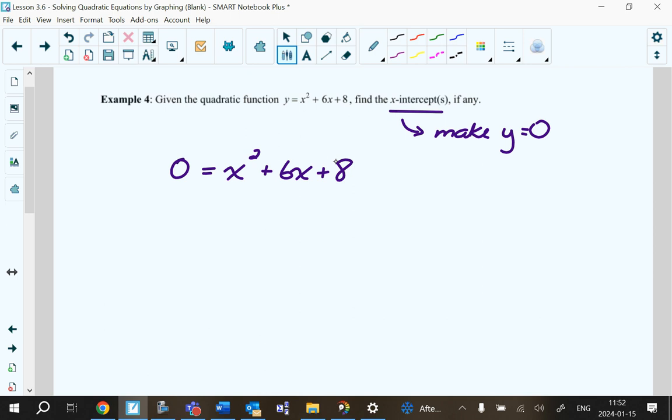Can you do plus minus square root? No, because there's an x term. So what's the next one? I listed them all at the beginning of this lesson. If plus minus square root doesn't work, we try to factor. Should be able to factor this. x plus 4, x plus 2.